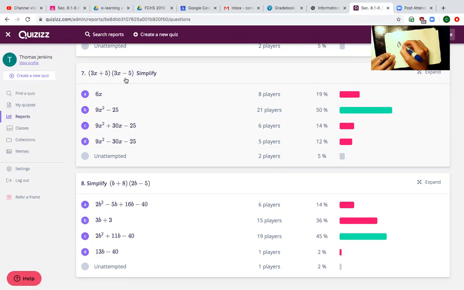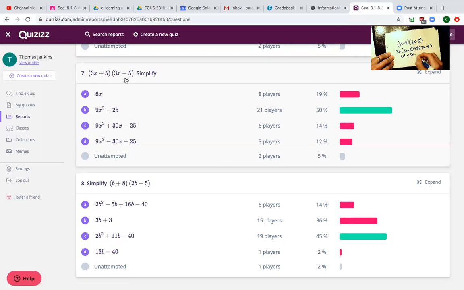Anytime I see two binomials with no sign in between them, I know that that's multiplication. I like to use the distributive property, so I'll show it that way. So that's 3x plus 5 times 3x minus 5. Distribute this term, we get 9x squared minus 15x.